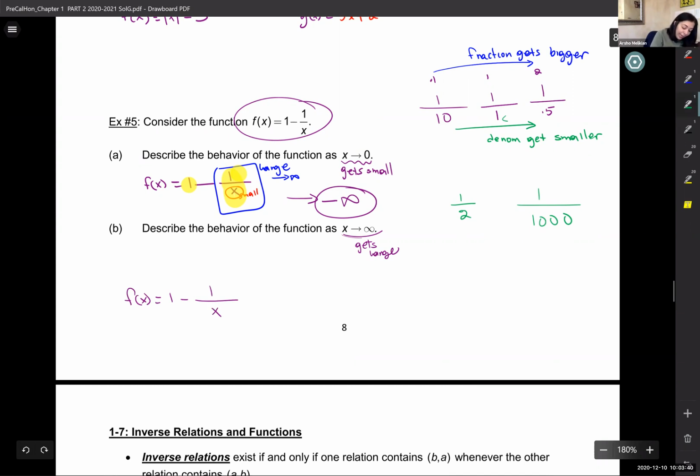Now, as x gets very, very large, what happens to 1 over x? Does it get big or small? Small. It gets so small, it's almost 0. It's like 1 divided by a million for your pizza, right? The amount you're going to get is about 0. And so now what's 1 minus something close to 0? About 1.